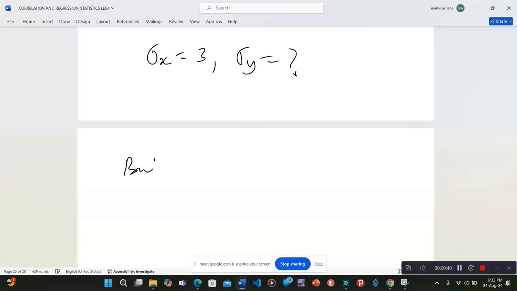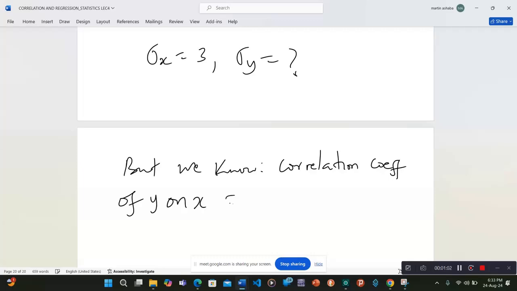But we already know the correlation coefficient of, for example, y on x is equal to 4 out of 5 and is equal to r sigma y over sigma x.